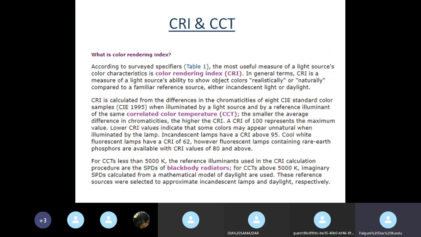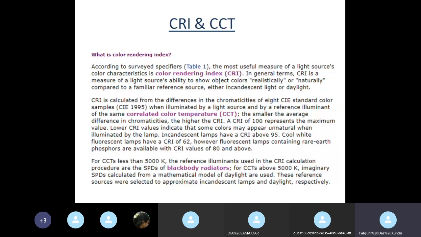The CRI is calculated from the differences in the chromaticities of 8 CIE standard color samples, which is given in CIE 1995, when illuminated by a light source and by a reference luminant of the same correlated color temperature or CCT.